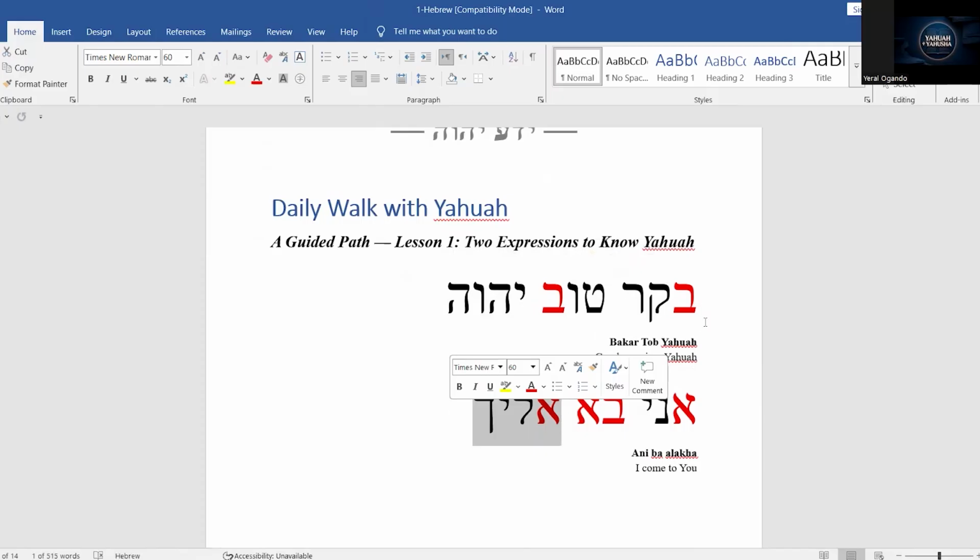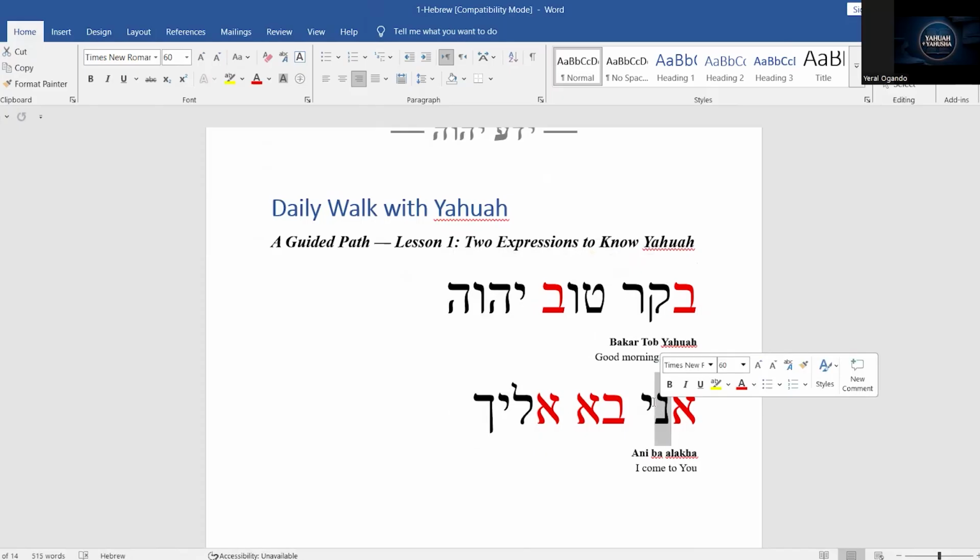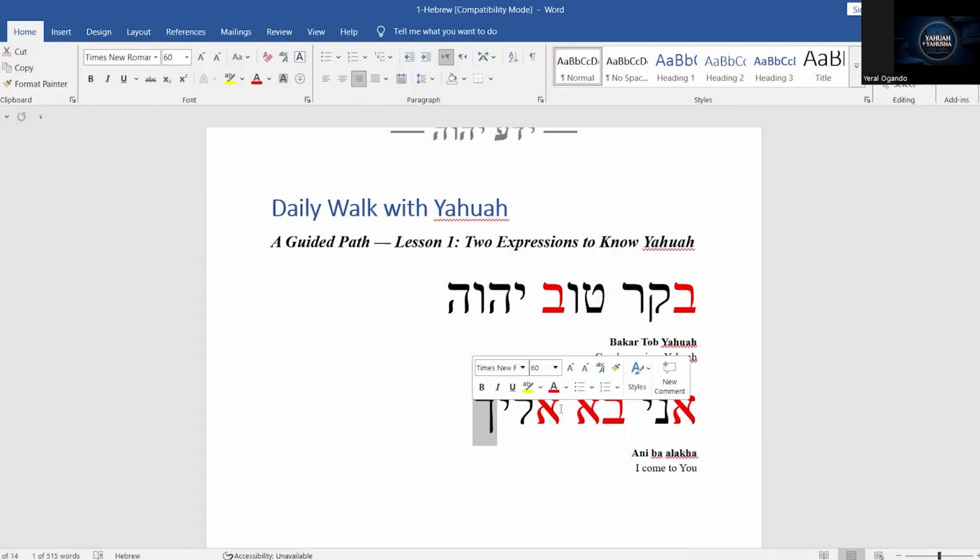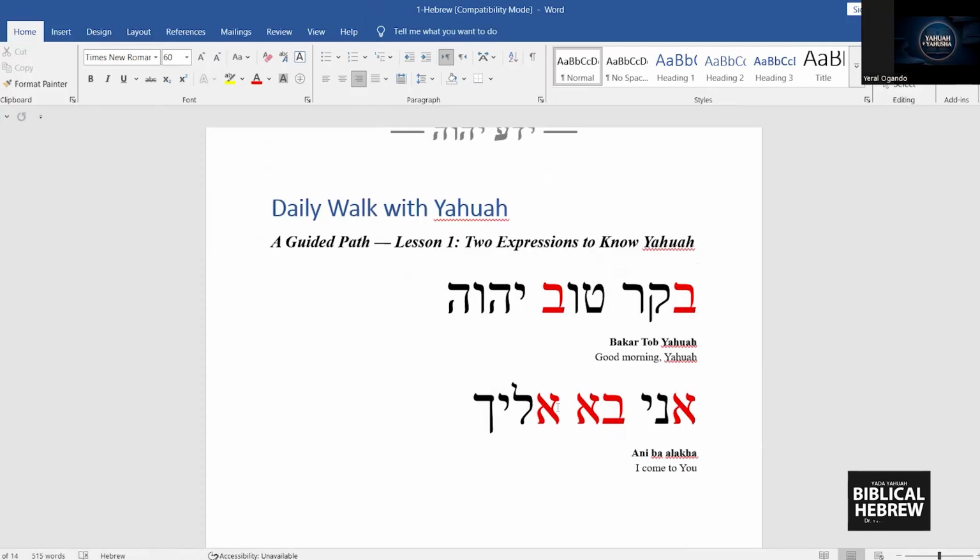Second one, Ani Ba Alakha. Let us get the letters one by one. Ani is Alef, Nun, Yod or Yad. That's why it is Ani, because it is everywhere you pronounce is like E. Ani Ba Alakha. Remember, this is Kaf, so feet at the end. So it is very strong. And you have Ani Ba Alakha.